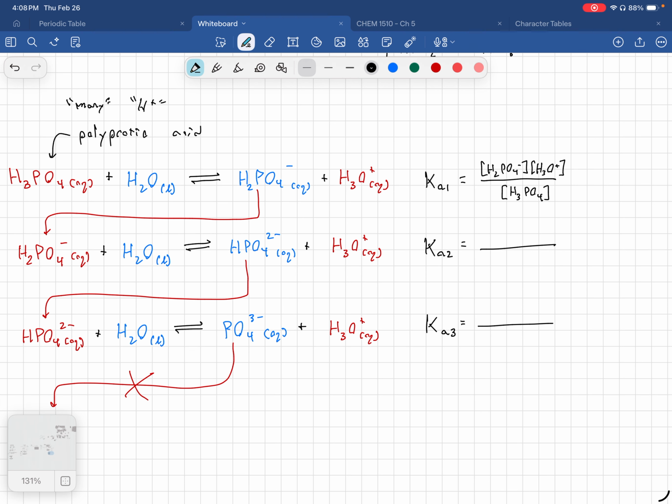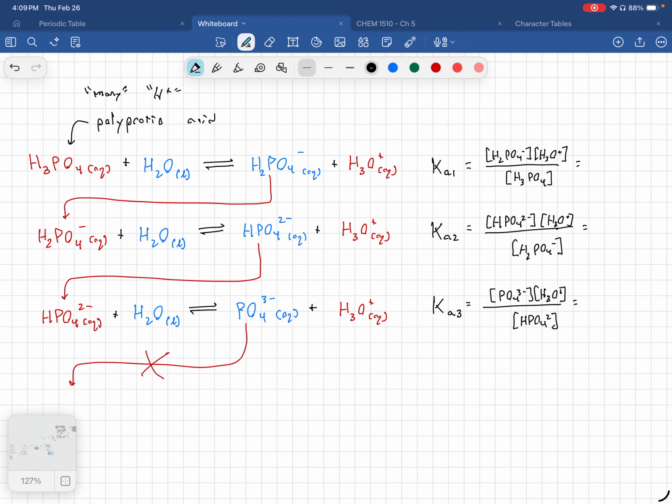We can actually, let's just go ahead and do it real quick. It's good practice, right? HPO4 2 minus H3O plus over H2PO4 minus. These are all at equilibrium. And then lastly, PO4 3 minus, the simple phosphate ion, H3O plus and HPO4 2 minus.